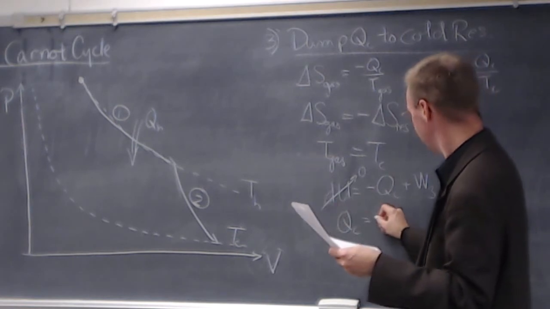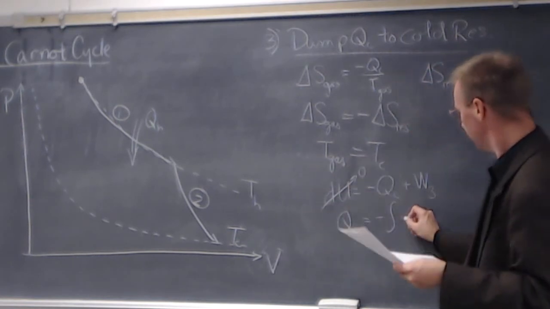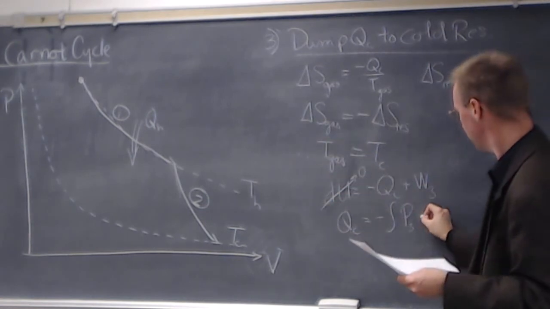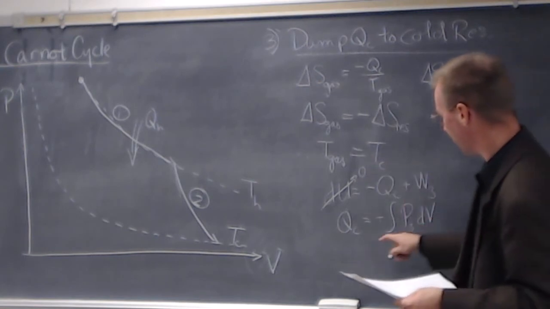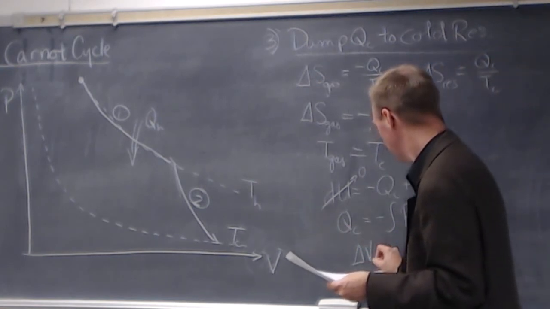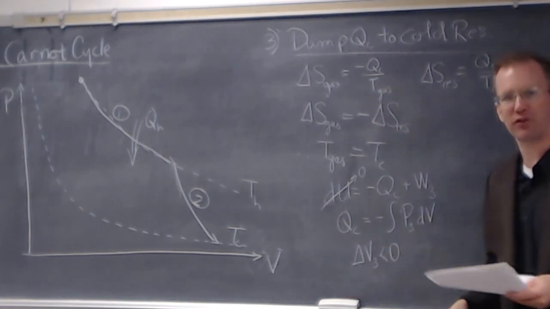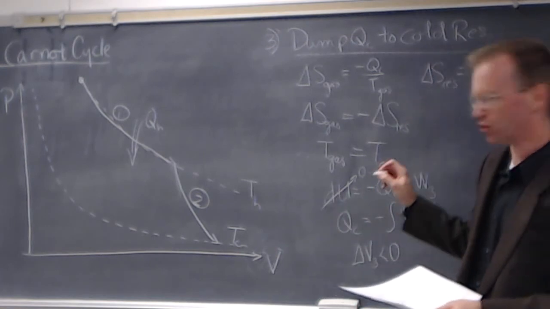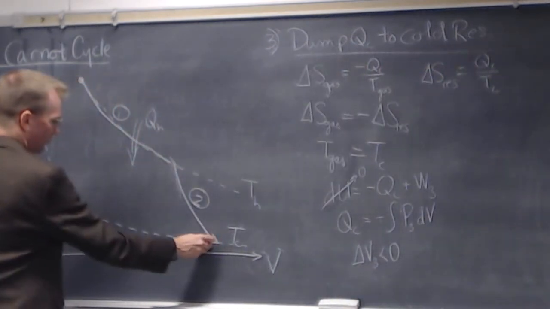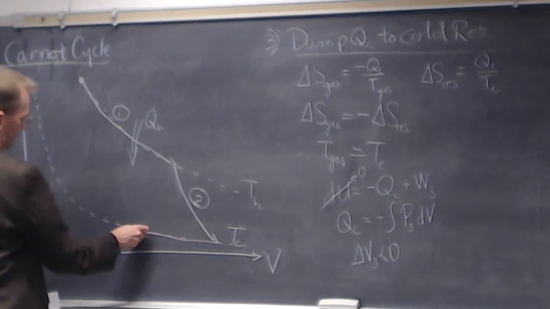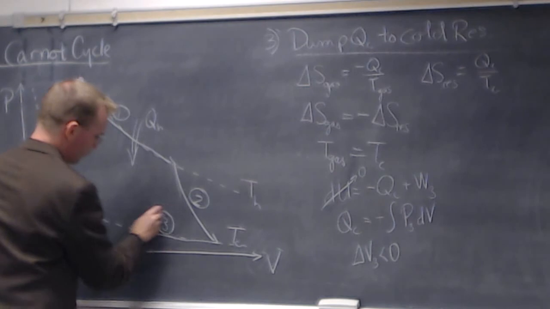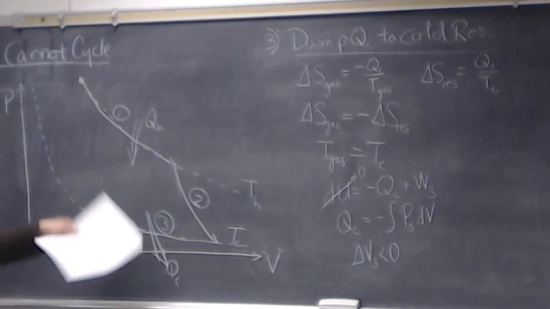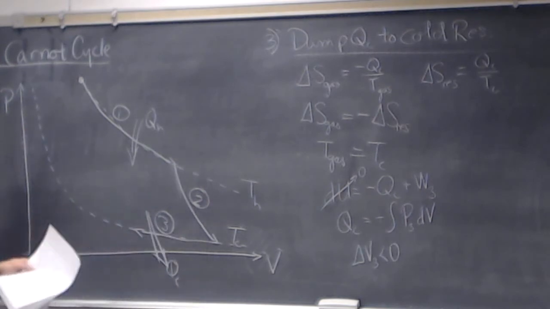So Qc equals negative integral of the pressure, which is a function, over step 3, integrated over the volume. And you solve that, and you find out that the change in volume over step 3 has got to be negative, so it's actually got to be compressed. This is an isothermal compression. So here we are dumping the waste heat out into the environment at a temperature Tc.